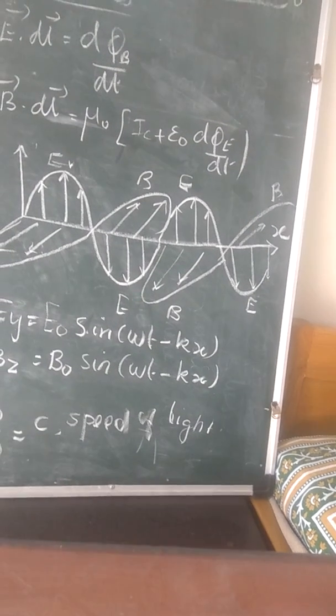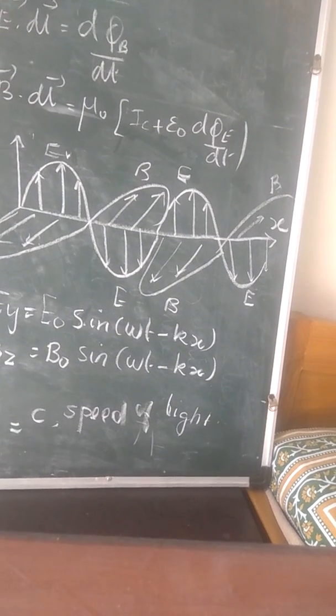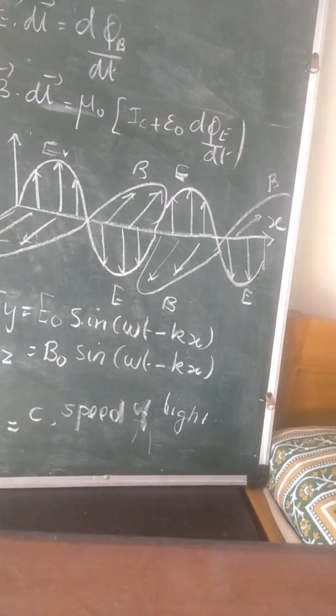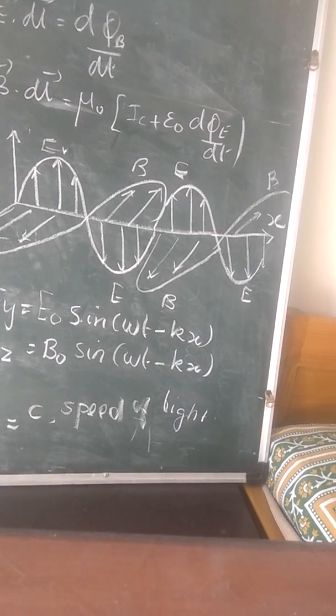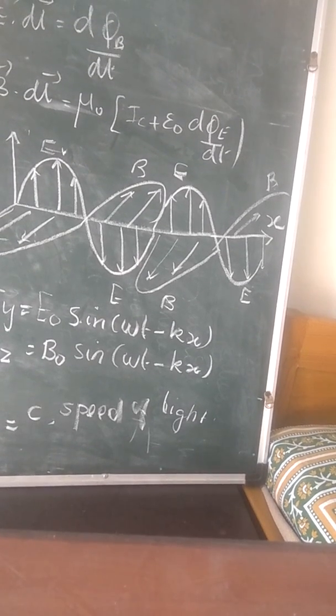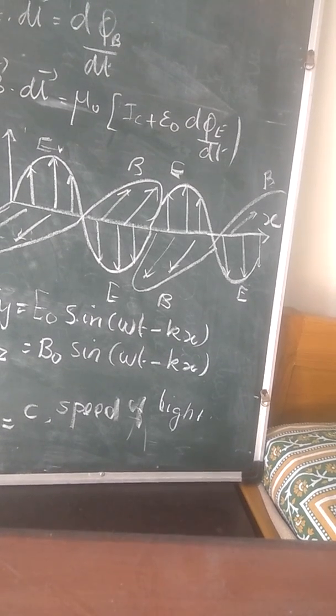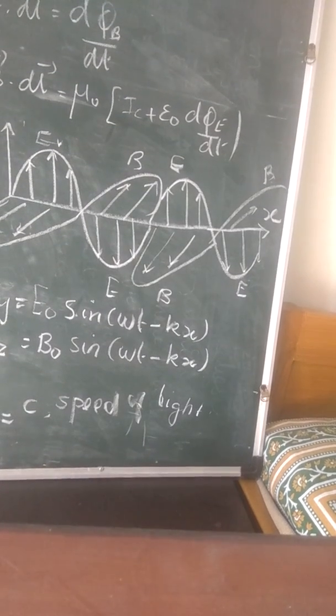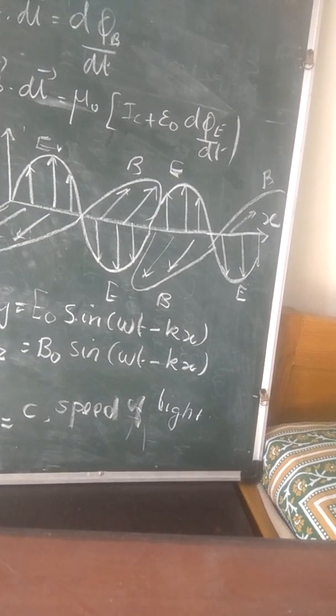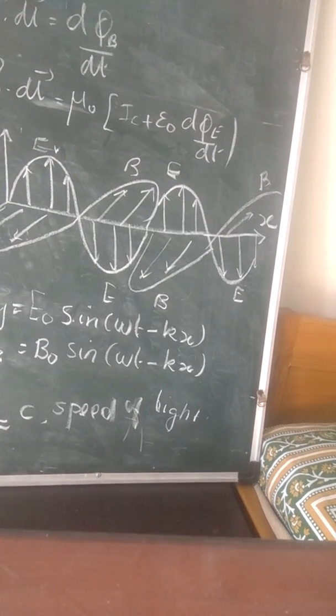An electromagnetic wave is a wave radiated by accelerated charge. You know, when charges are in motion, they produce an electric field. An electric field, according to Oersted, produces the magnetic field.